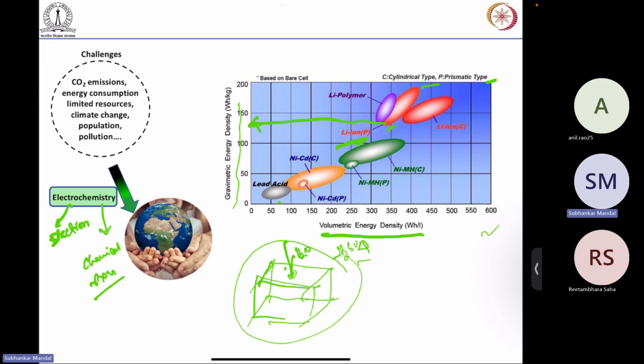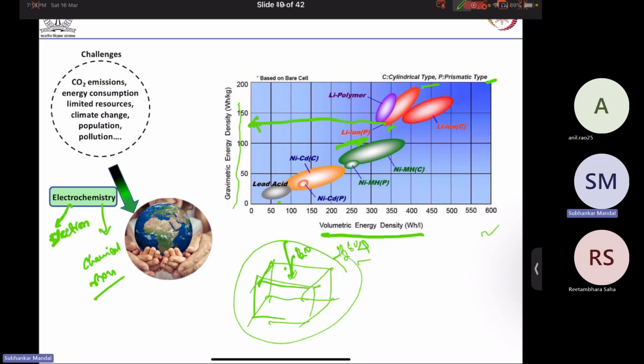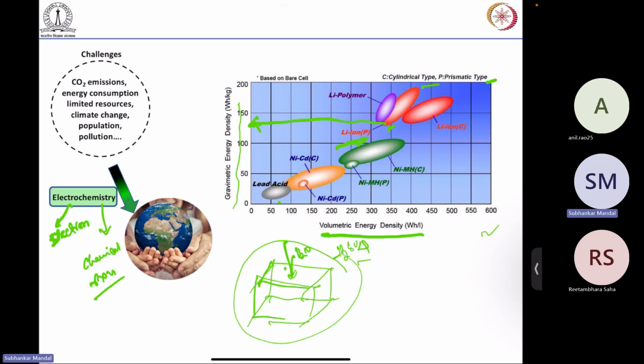As the size of that 12 volt battery is high, the capacity or gravimetric energy is low. That's why we need something with low volume or low weight.